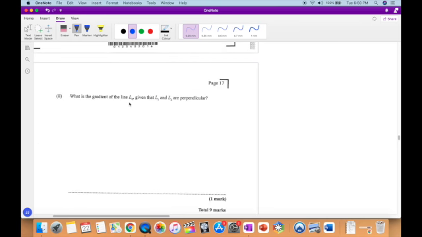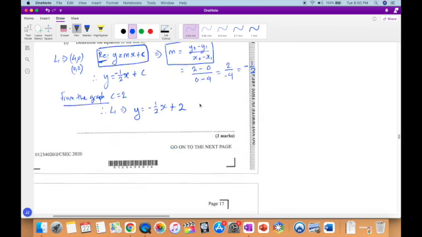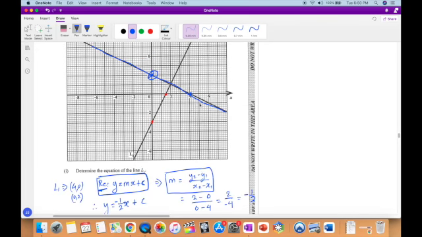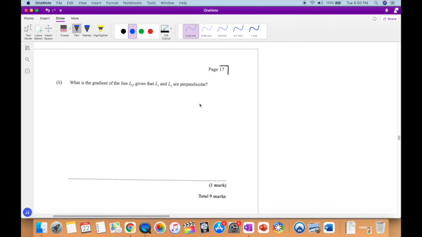What is the gradient of the line L2 given that they are perpendicular? Well, that is actually easy, and it's just 1 mark for that. So L1, the gradient m is -1/2. I want the gradient for L2, and I know that L1 is perpendicular to L2. That implies that if I take their gradients and multiply them, I am supposed to get -1.